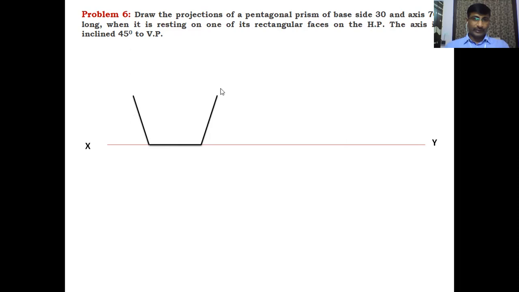Also draw a 108 degree line with the horizontal line and locate a point at a distance of 30 mm. After getting these 2 points, taking them as centers with 30 mm radius, draw 2 arcs and we will get another point here, the 5th point of the pentagon.